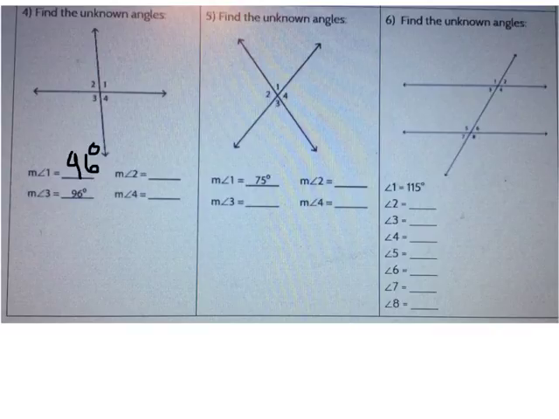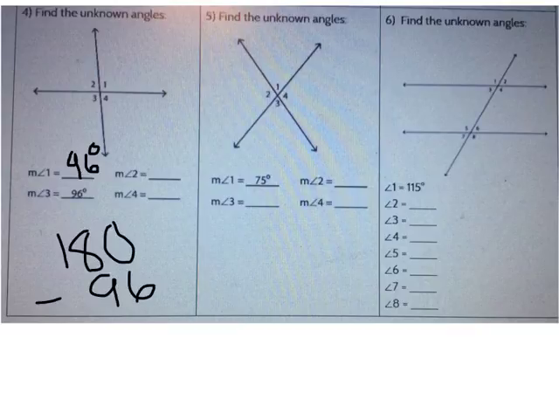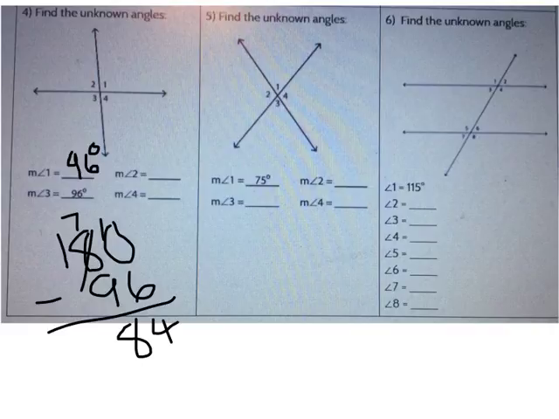I know that angles 2 and 3 are on a straight line, so I can subtract 180 minus 96 to find angle 2. When I do that, I get 84. So angle 2 is 84 degrees. I also know that 2 and 4 are vertical. So angle 4 is 84 degrees.